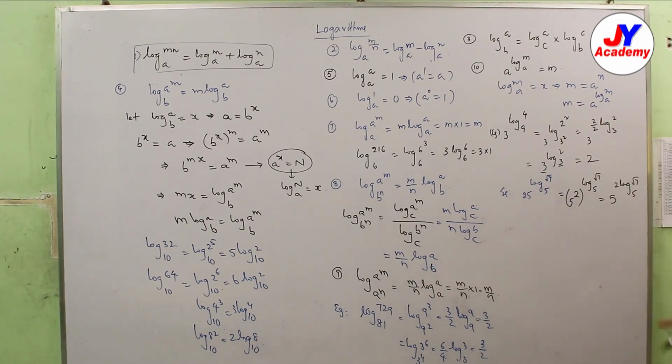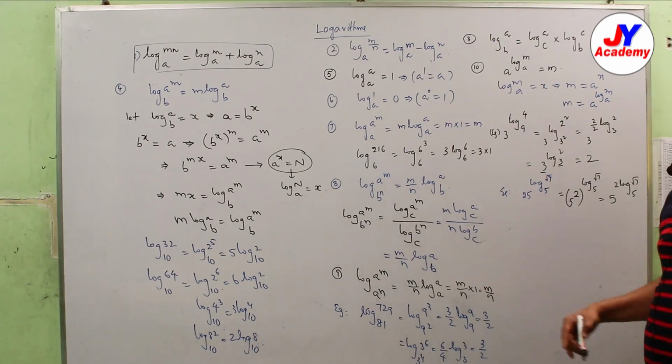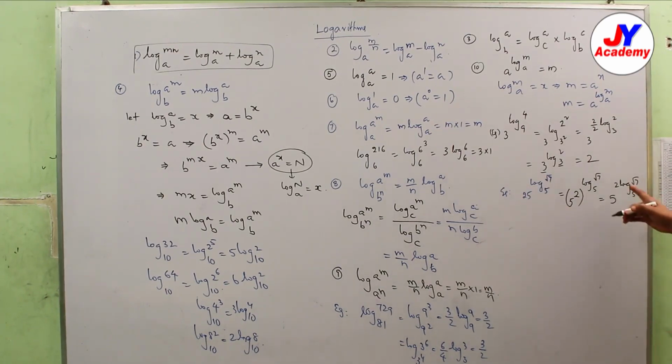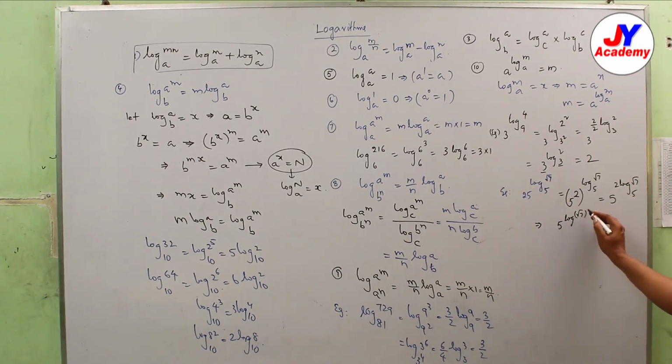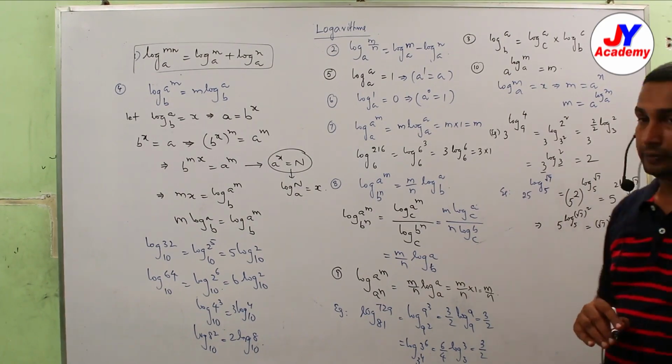Now it is in the form of which result? Fourth result, m log a base b. So 5 to the power of log root 7 whole square base 5, exponential base and logarithmic base are the same. So root 7 whole square is equal to 7.